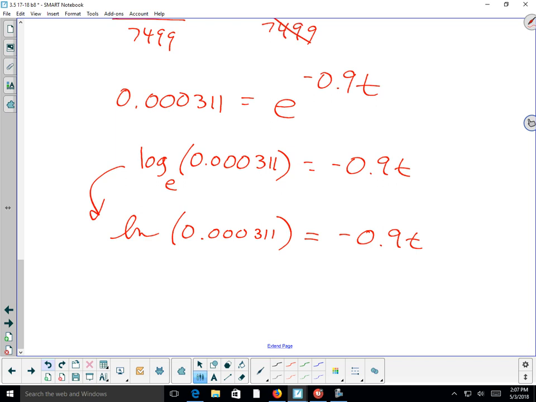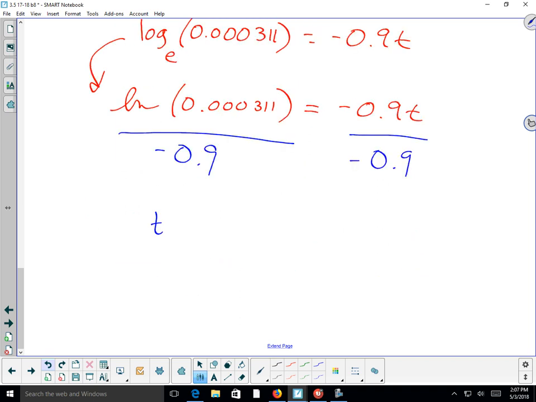And then at this point, we're still trying to solve for t. Sarah, do you want to try? All right, dividing both sides by negative 0.9. And here's our value for t: 8.97.